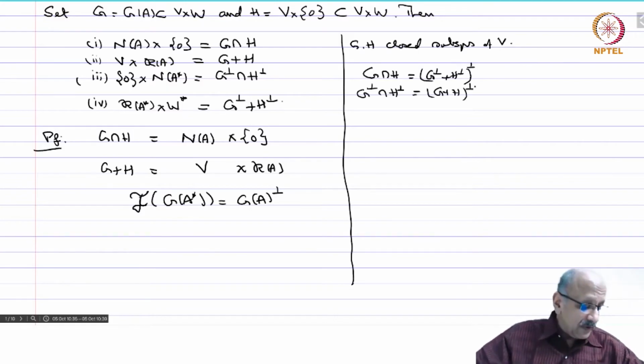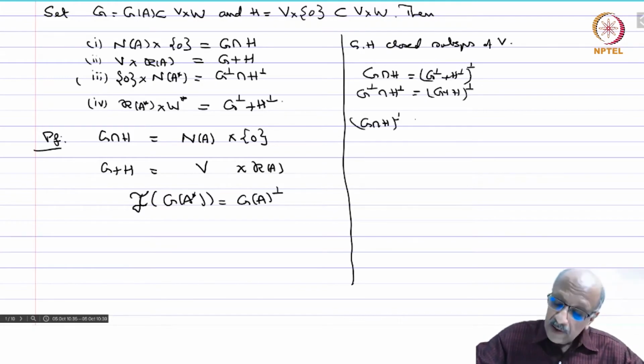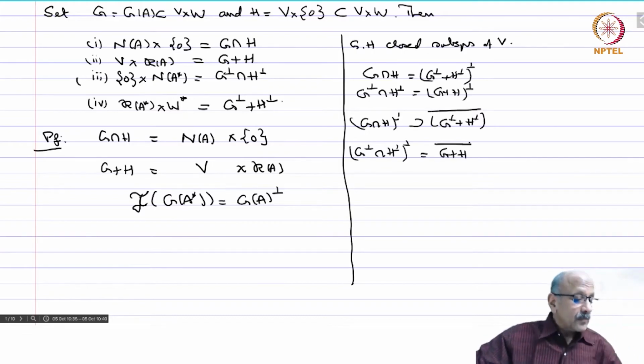These we did when we were in the annihilator section. And from these two, if you take the perp again, G intersection H perp will contain G perp plus H perp closure, and G perp intersection H perp will be G plus H closure.